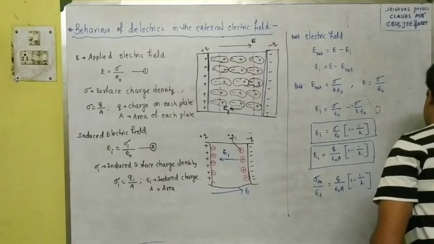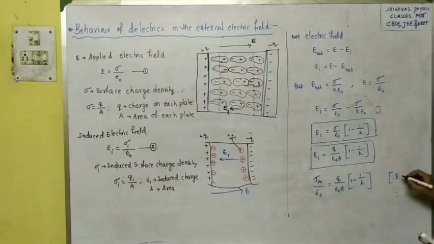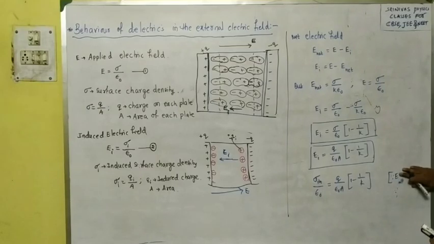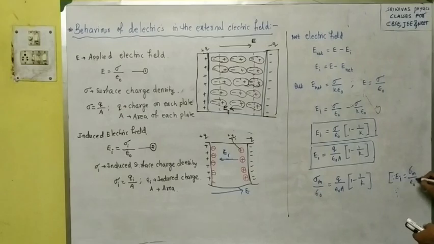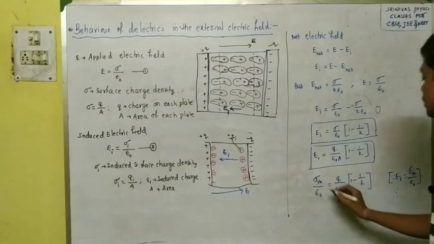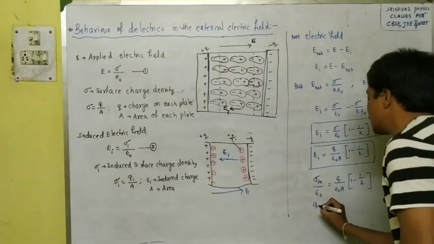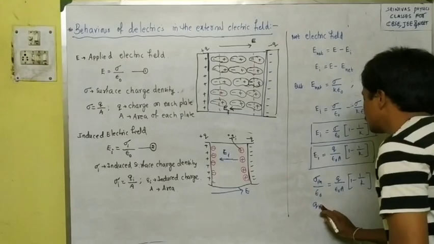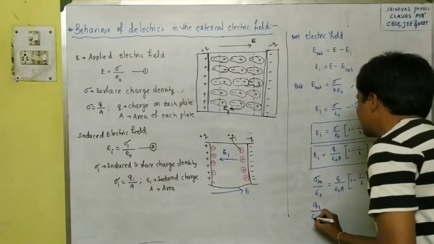This is the induced electric field formula we know. The induced electric field formula E suffix I is equal to, what is the formula? Sigma induced by epsilon naught. Now sigma induced, charge by area we write.